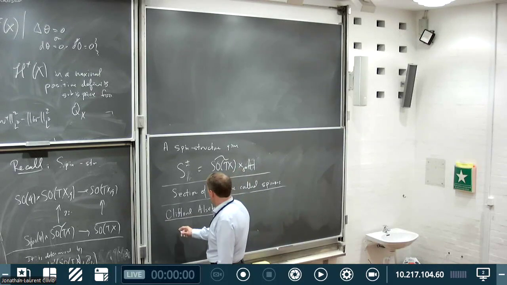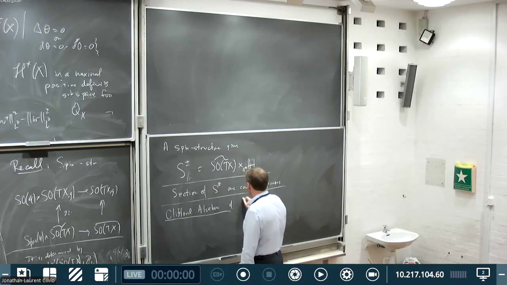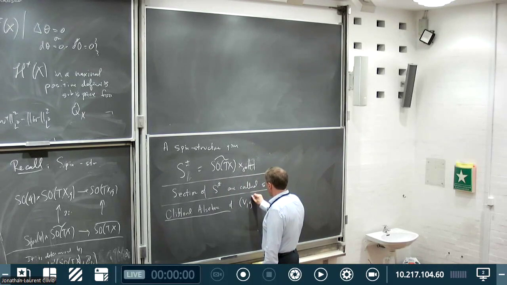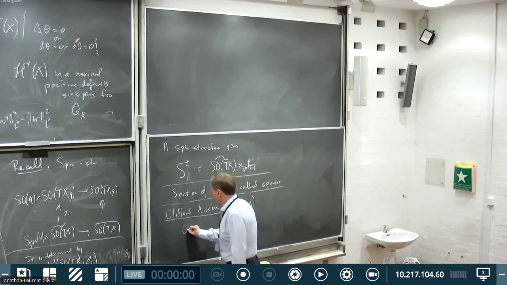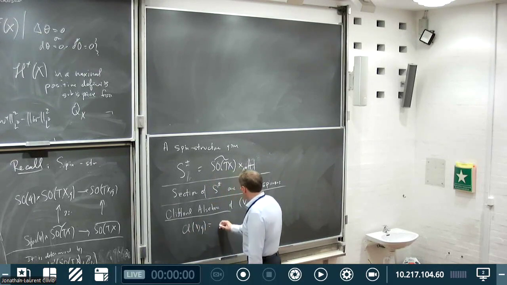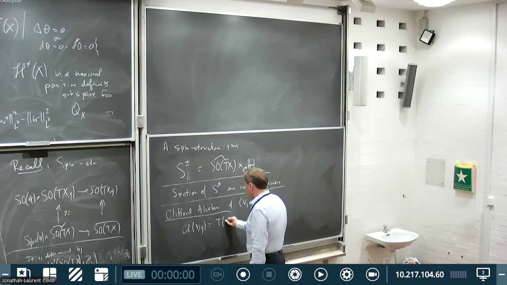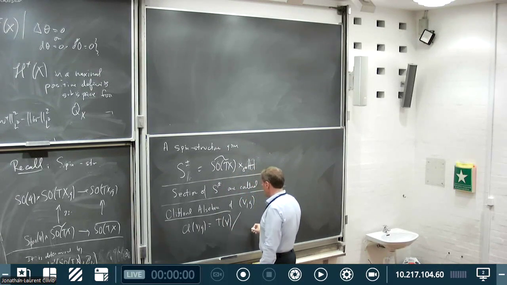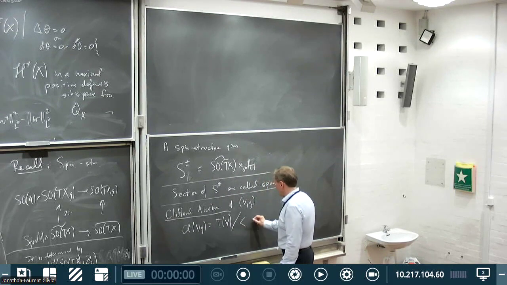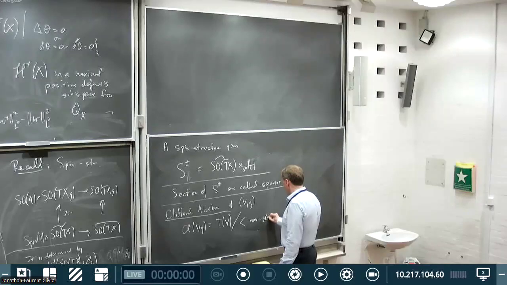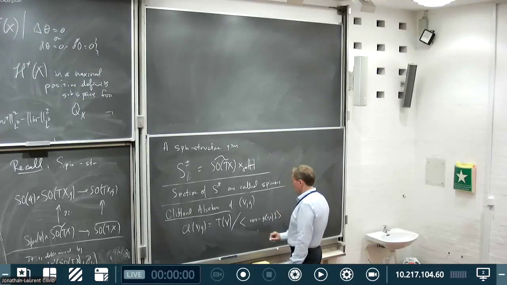The Clifford algebra in general, if I have a vector space V with a quadratic form q, is the tensor algebra modulo the ideal generated by v tensor v minus q(v) times 1.